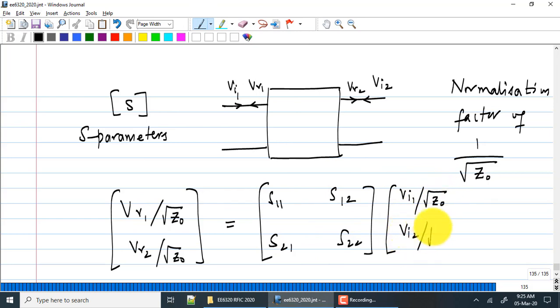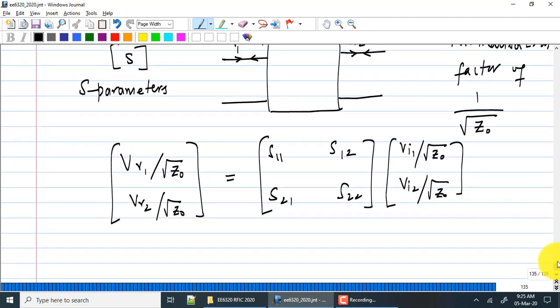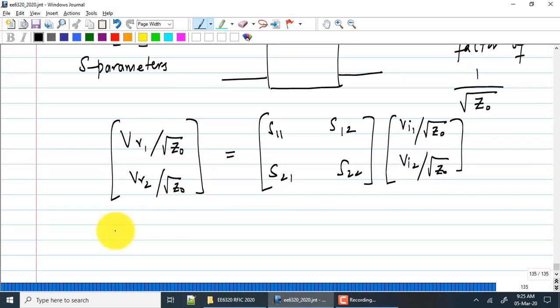Very often, if you pick up a textbook, you will find that these renormalized voltages and currents are expressed as variables A and B. So the incident parameters are A1 and A2.